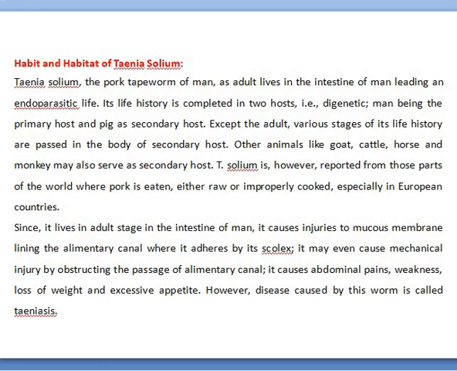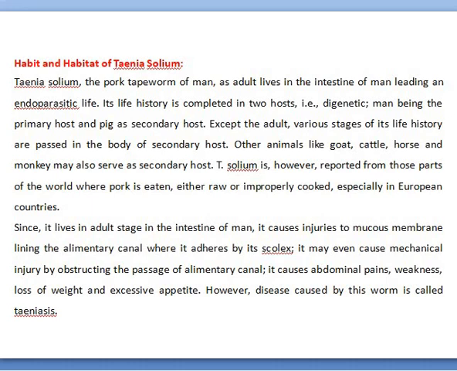Taenia solium is reported from those parts of the world where pork is eaten either raw or improperly cooked, especially in European countries. Since it lives in the adult stage in the intestine of man, it causes injury to the mucous membrane lining the alimentary canal, where it adheres by its scolex.